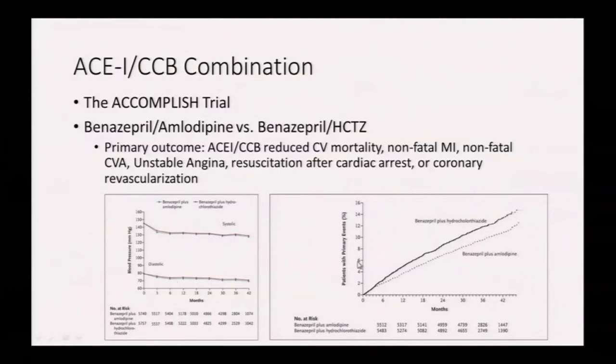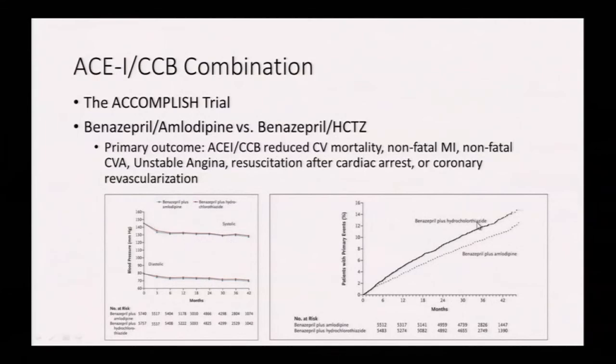However, when we look at the outcomes, the primary outcomes, which they defined as CV mortality, non-fatal MI, non-fatal CVA, unstable angina, then you can see that the separation in the graph started happening around maybe 4 months or 5 months. And the group of the benazepril plus amlodipine has a significant reduction in events compared to the benazepril and HCTZ.